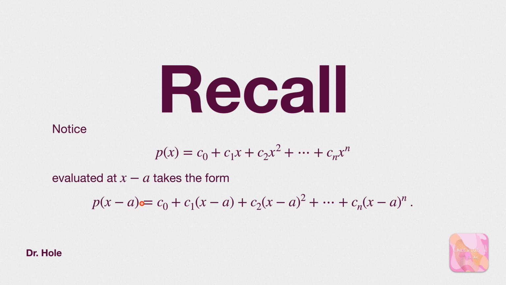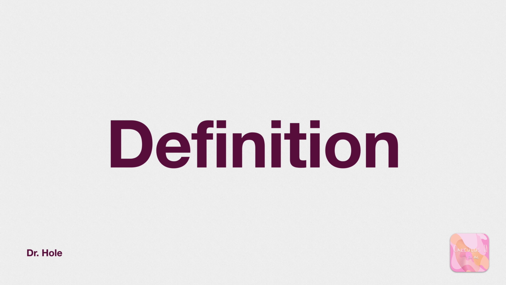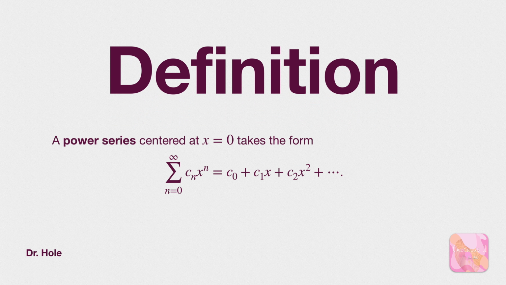And again, this is the notion of translating horizontally the graph of y equals p of x. Well, a polynomial has a highest power on x, which we term the degree.